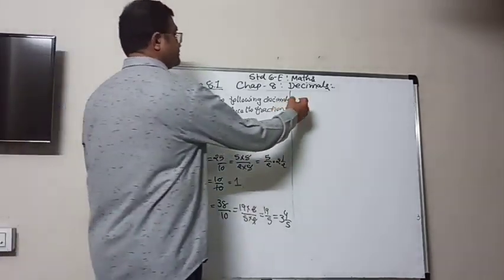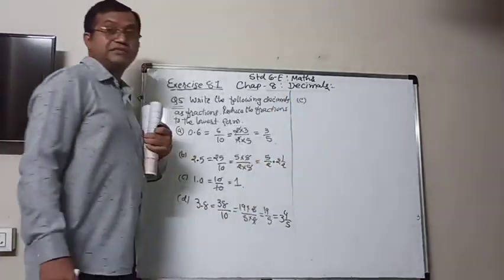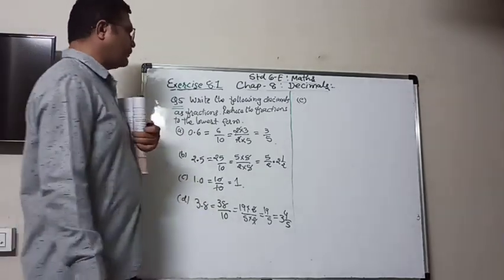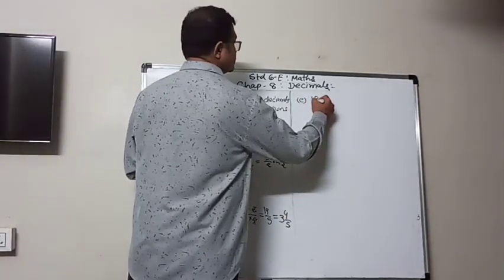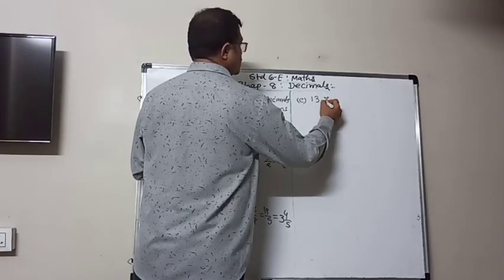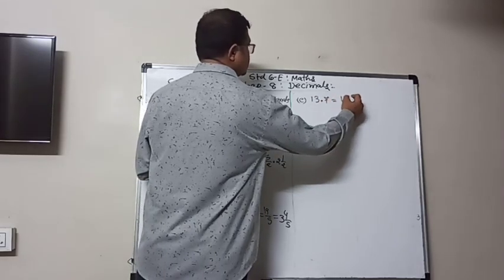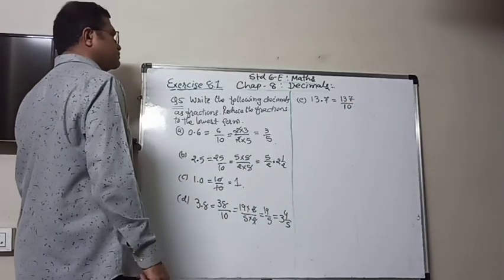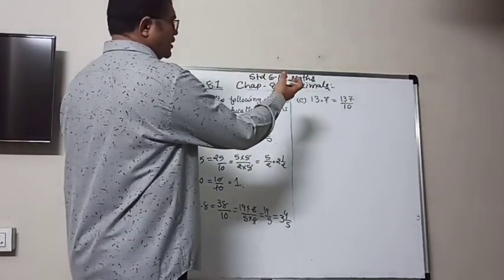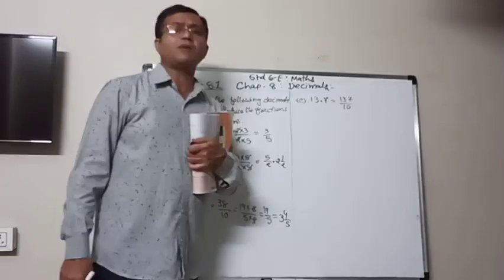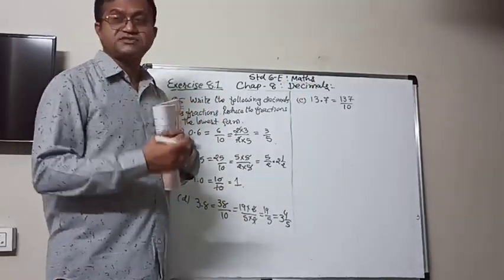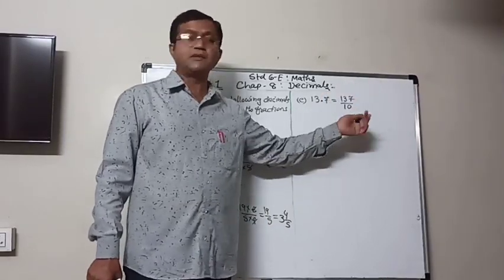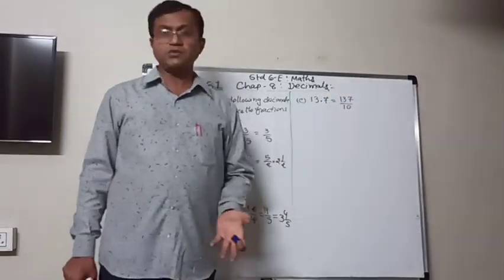Then E. E is 13.7. So here also if you take out the point, 137 and then 10. Now they don't have any common factors, because 137 is neither divisible by 5 or 2, because factors of 10 are 5 and 2.